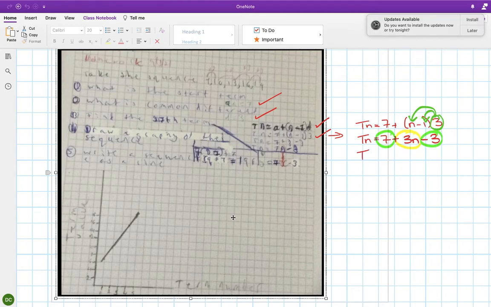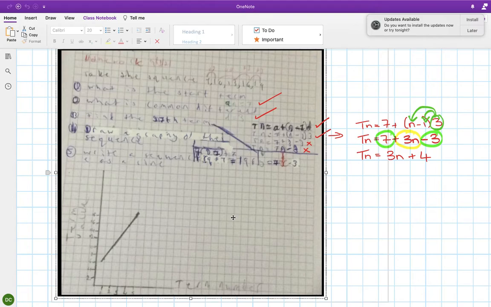So it's Tn equals 3n, and then 7 minus 3 is 4, so that's plus 4. Okay, so you made a mistake in these two lines, and I think all that you did was you forgot the n, and that confused you, I think.